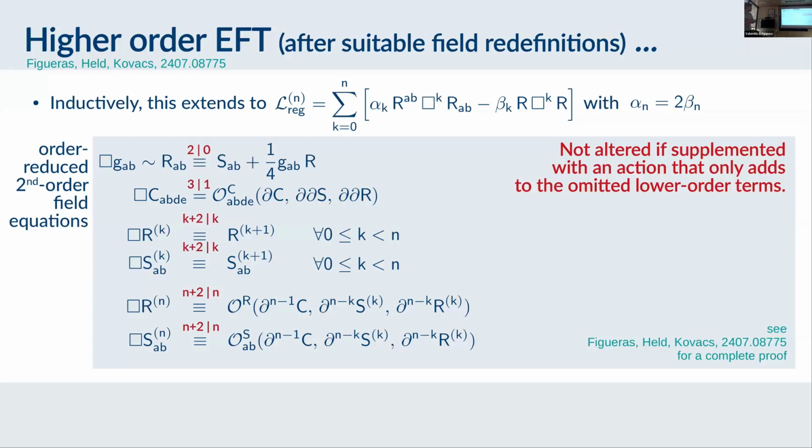Okay. So I think the crucial question that remains in whether this is useful or not is the ghosts. And the crucial question is that if you make the ghosts sufficiently heavy, then you will not run into the instability. And you will see some evidence for that in the quadratic theory in a bit.